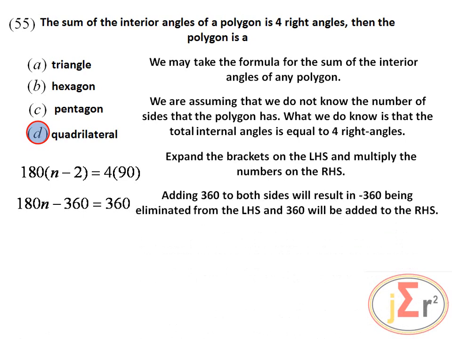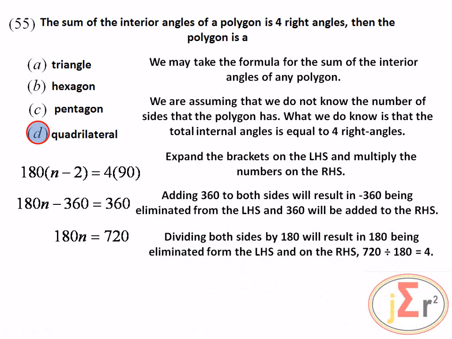Adding 360 to both sides will result in -360 being eliminated from the left hand side, and 360 will be added to the right hand side. So we have 180n. This is eliminated. Added to the right hand side, we have 720.